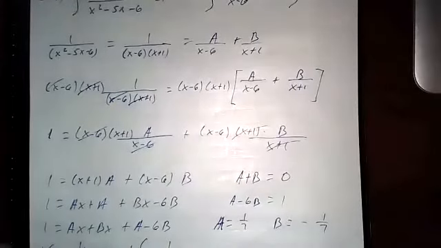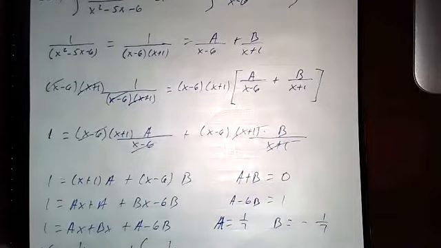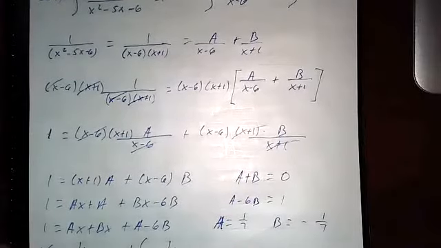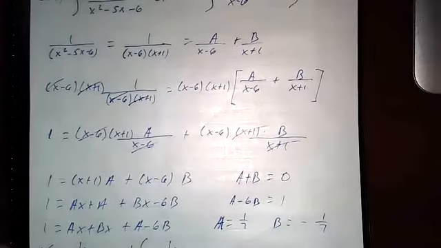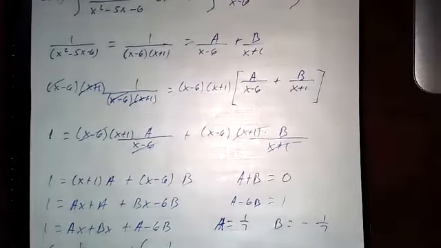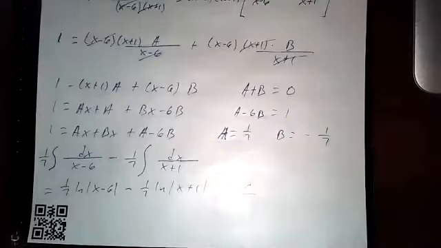So this becomes 1/7 ln of x minus 6 minus 1/7 ln of x plus 1 plus c. I'm sorry, it wasn't on the screen. Do you see how the partial fractions make the integral actually possible?